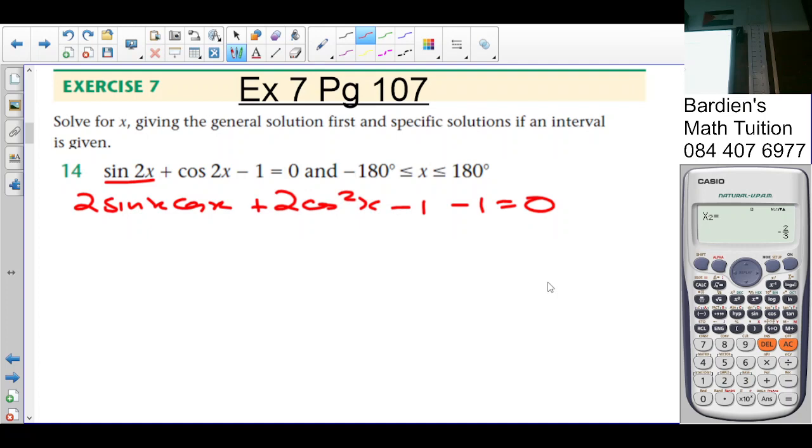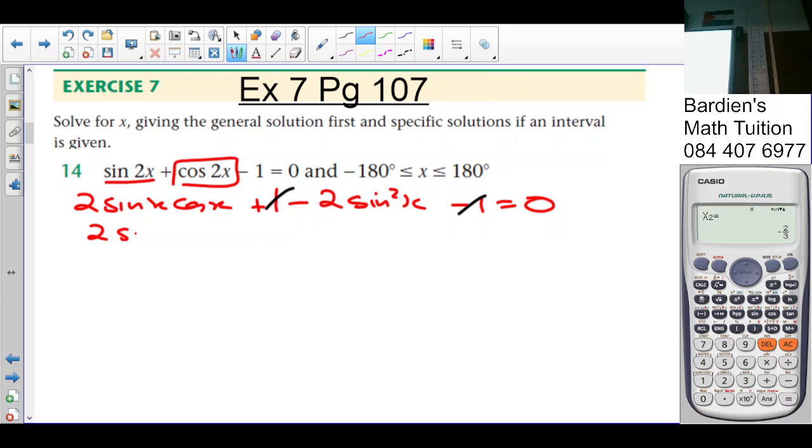It can be that one, but then you must change the 1 to sine squared x plus cos squared x afterwards. Okay? If I had gone with cos squared x minus sine squared x, that's also fine. But then I must still change the 1 to sine squared x plus cos squared x. The one that's going to fit best here is going to be 1 minus 2 sine squared x for cos 2x. Why? Because the 1s will cancel now.